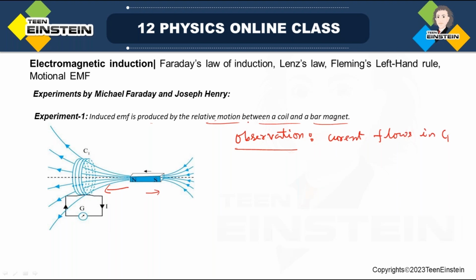That is why the words relative motion between the coil and bar magnet. If you hold either of them fixed and the other one is moving towards or away, you will get the same effect. But if both are held fixed, then there is no current flow in the coil.